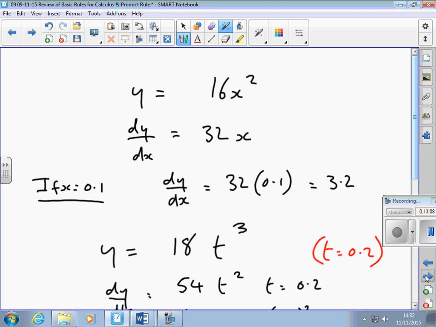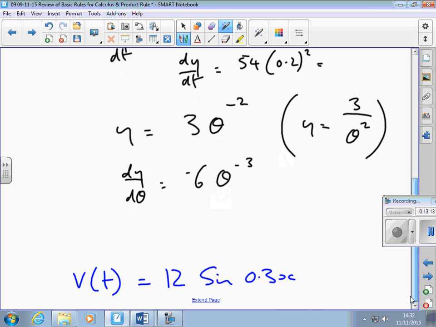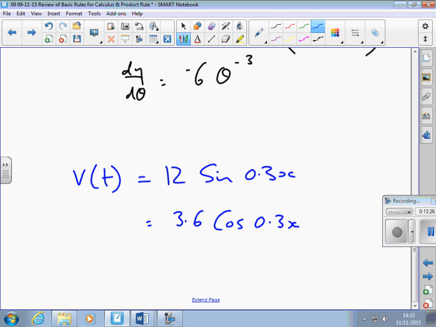So applying that to this, we would have 12 times 0.3, which is 3.6, cosine 0.3x. Sine changes to a cos, so you just follow the rule. And this time the notation would be b prime.